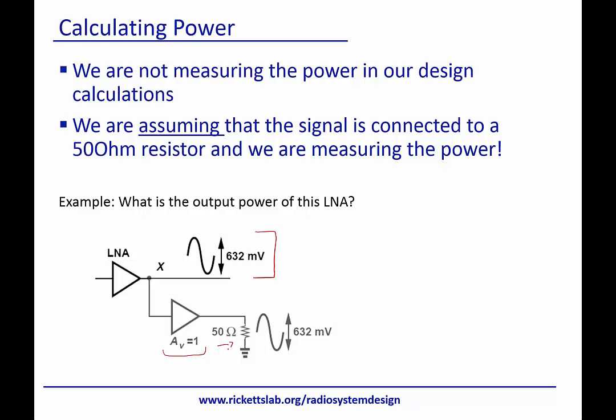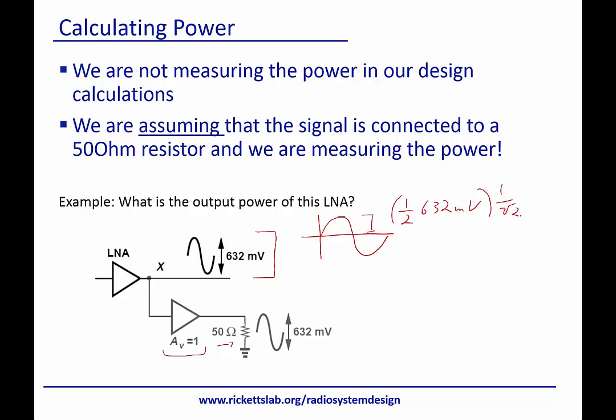Let's look at this real quick. We've got 632 millivolts. So this is 1/2 of 632 millivolts, but that's the peak, right? Do you remember what the RMS is? The RMS is going to be 1 over the square root of 2 of that.